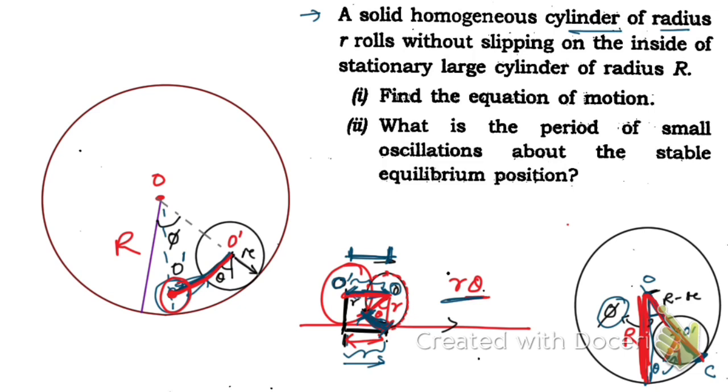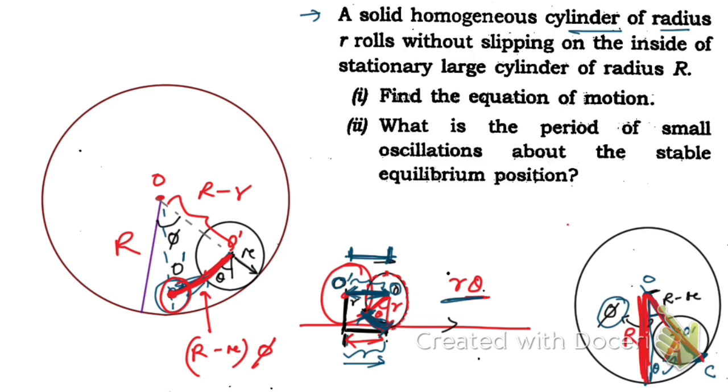Now the distance traveled by this center O, the center of this smaller cylinder, is equal to this arc, and this arc is given by capital R minus small r, into phi.